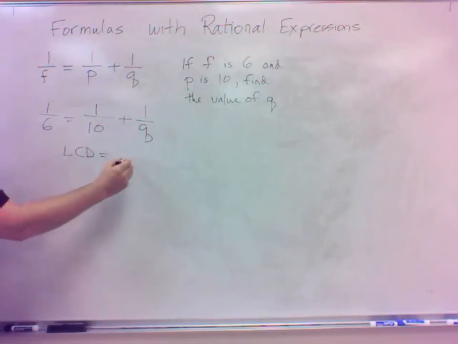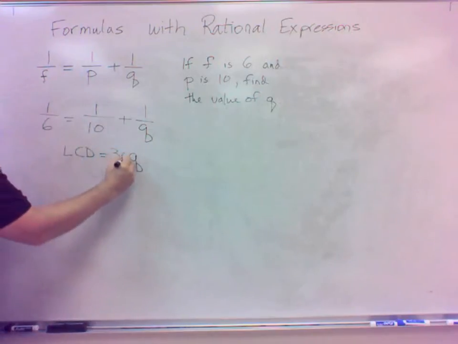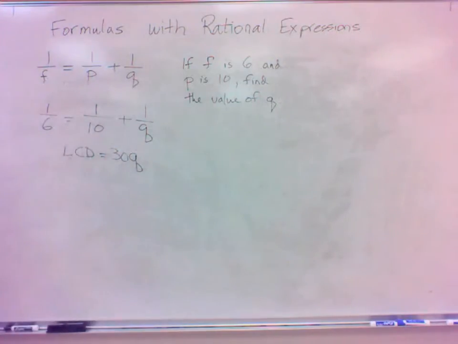I need a factor of q. That's in there, so I need it. Then I've got just the numbers, 6 and 10. What multiple do those have in common? How about 30? 30 is a multiple of 6, and 30 is a multiple of 10. Just think of the multiples of 10 and see which ones match up with the multiples of 6. 30 is a multiple of both.